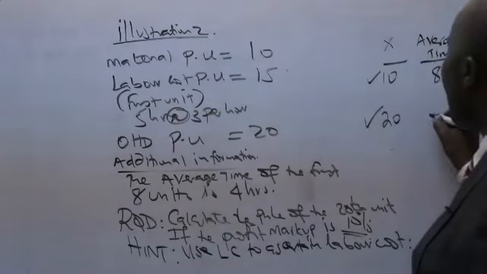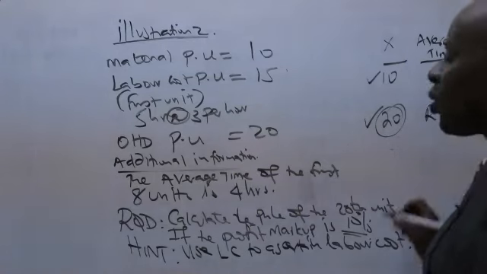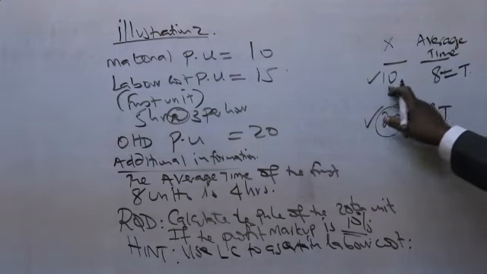So to get the time of the doubled output, I simply need to calculate what we call RT, where T is the time for this.